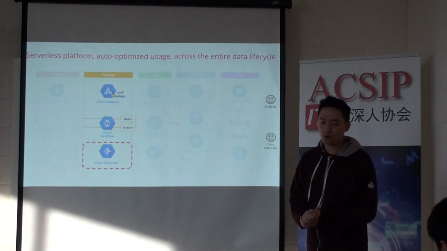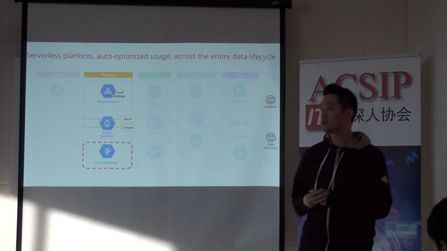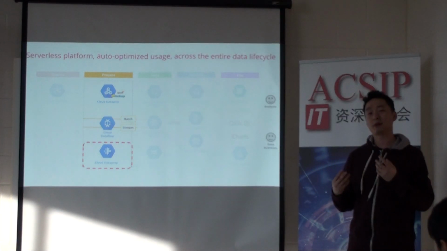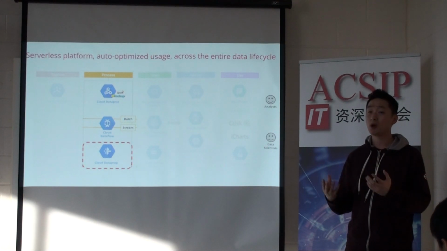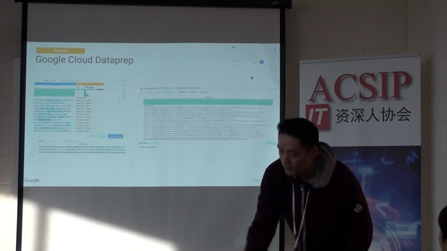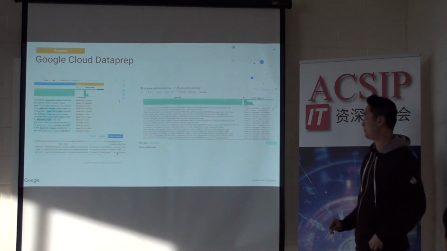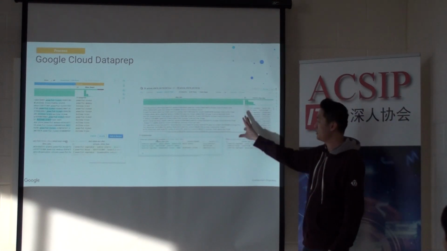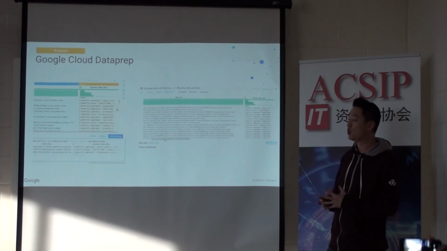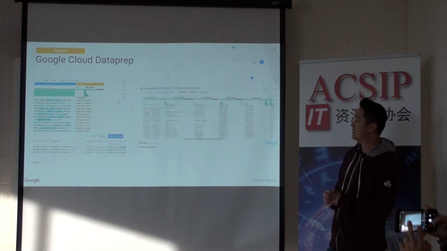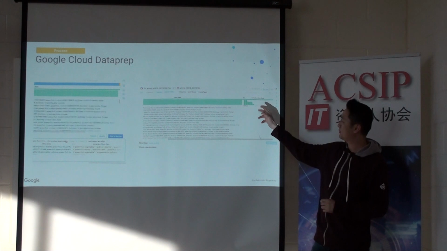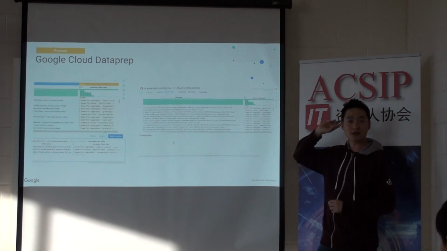So that's Dataflow, but now what we found is that some customers have analysts who might not necessarily know how to code well. And so we have this Data Prep service. It might be a little hard to see at the back, but this is a UI-driven data preparation, a data wrangling tool that allows you to easily do things like look at the histogram at the top to see what the distribution of the data looks like.